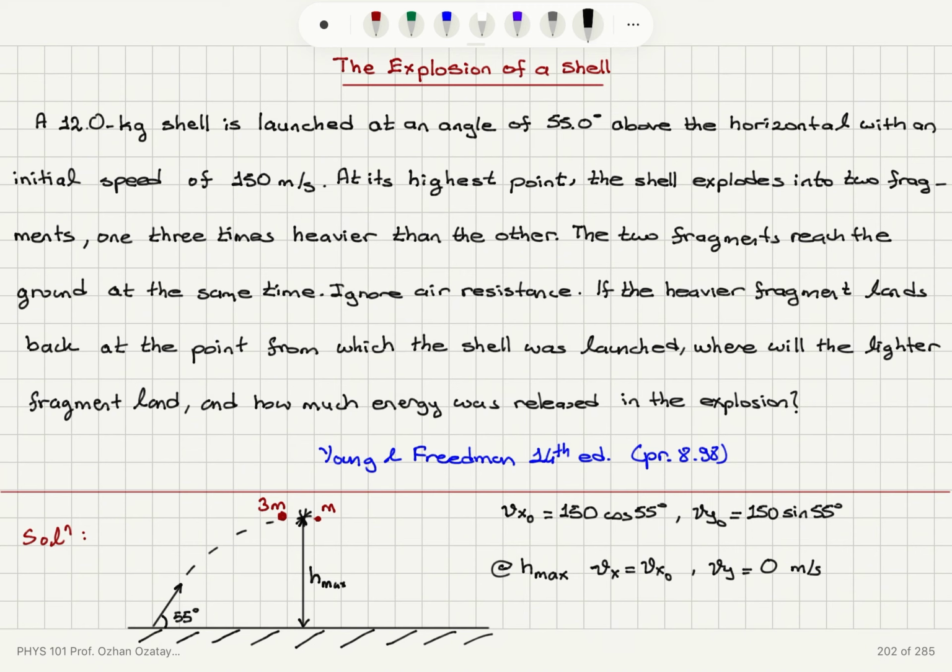The explosion at this point is going to be sudden. It's a sudden explosion, and the gravitational force is going to be small, too small compared to internal forces.